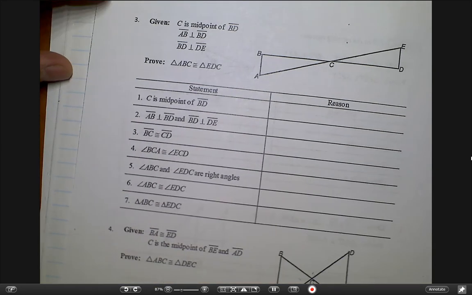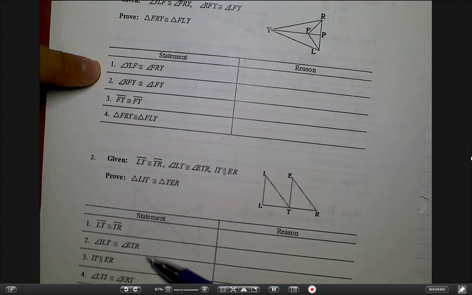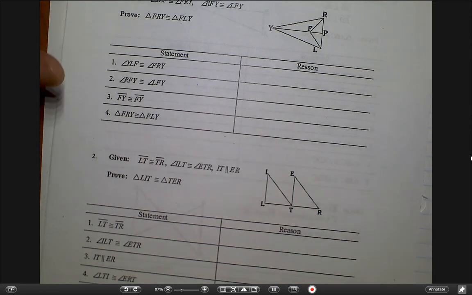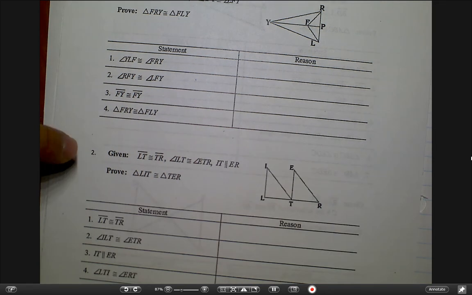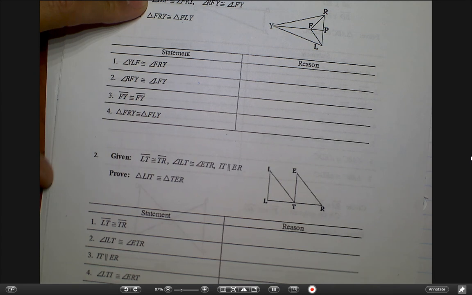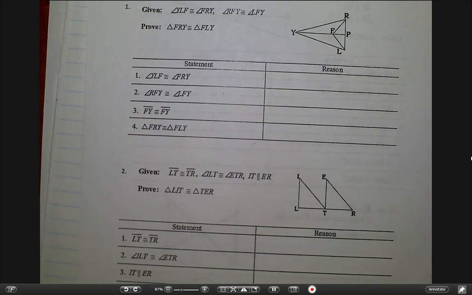But on all these 4 problems, I have given you all the statements, and you have to go through and fill out the reasons for this. Okay? So, when you go through this, use your checklist, use all your information that you already have, use your handy dandy notes to go through and fill out what you need for all these things right here. So, questions, concerns, complaints? Okay, all right.